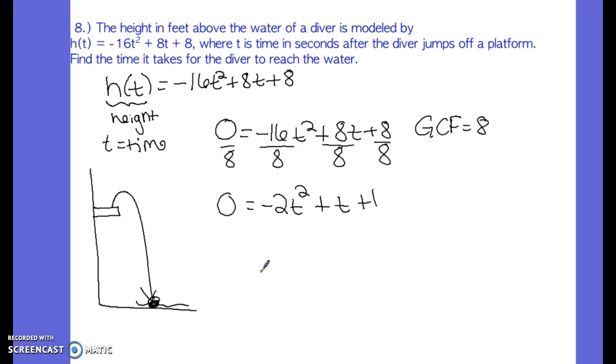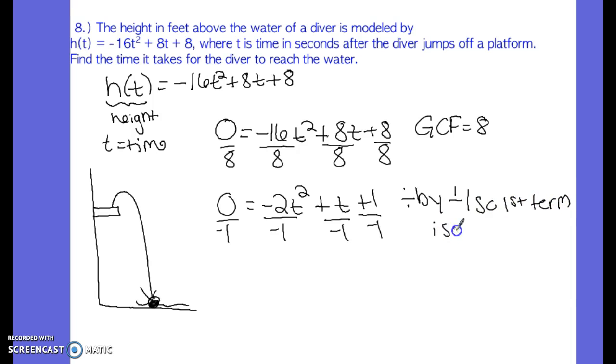But would you like that first term to be negative? Probably not. So I'm going to go ahead and divide everything by negative 1. So the first term is positive to factor.